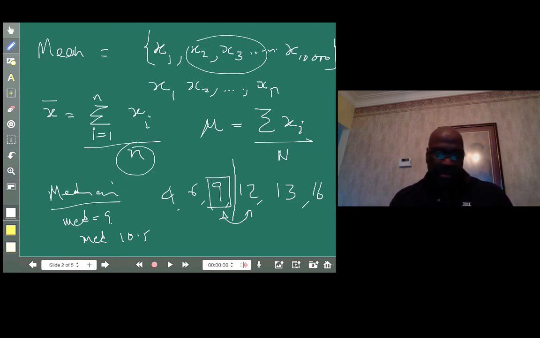Let us look at this concept of standard deviation and variance. Let's say we have a sample or population, either one, it's okay. Since we're dealing with statistics, we often work with samples.